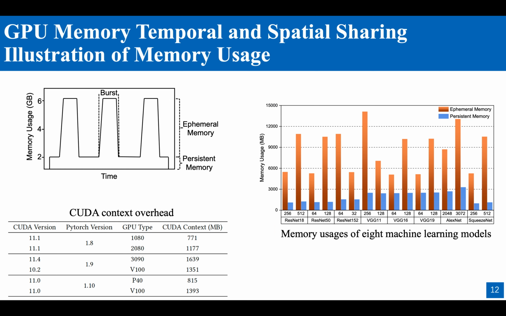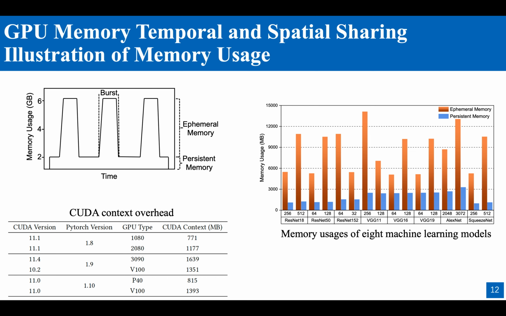Now we talk about the GPU memory, temporal, and spatial sharing. First, we illustrate the memory usage by the top left figure. Memory usage of an HPT job consists of ephemeral memory and persistent memory. The occupation time of ephemeral memory during one iteration of training is referred to as burst time.